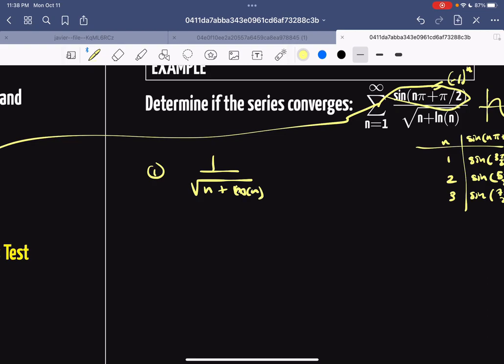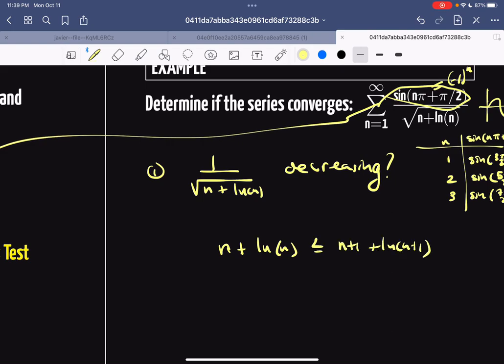of n is decreasing. Well, how would you show that it's decreasing? Well, super easy. n plus ln of n is clearly less than n plus 1 plus ln of n plus 1. Because all you did is add more stuff here, and you added more stuff here.